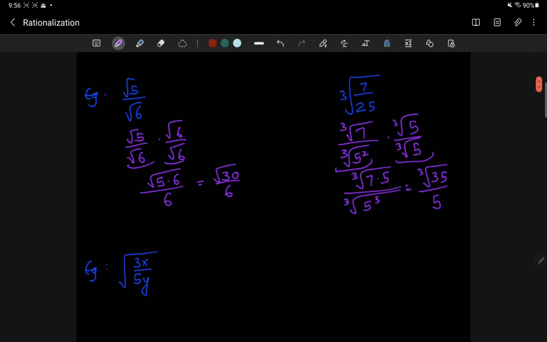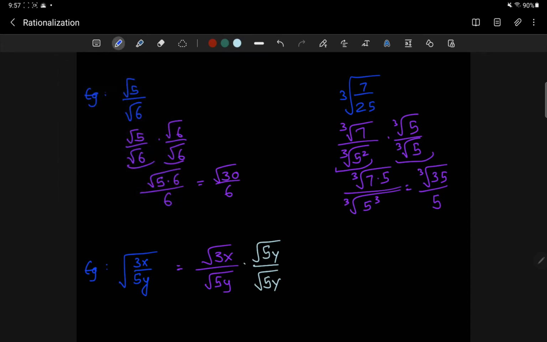Now this particular method can also be extended for when we have variables. So root 3x over root 5y, and that's a square root. For a square root, all I do is I take the denominator and I multiply and divide by a copy of the denominator.